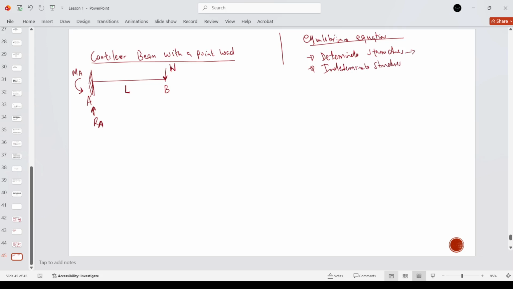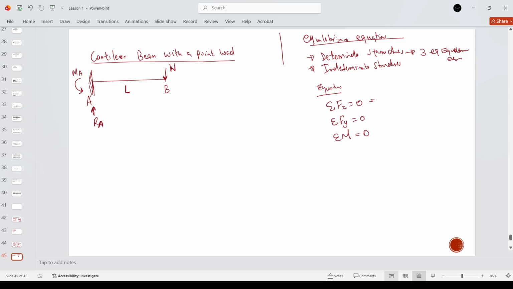Determinate structures are the ones whose reactions can be obtained from the three equilibrium equations. What are the equilibrium equations? We have sum of Fx equals 0, sum of Fy equals 0, and sum of moments about a point equals 0.